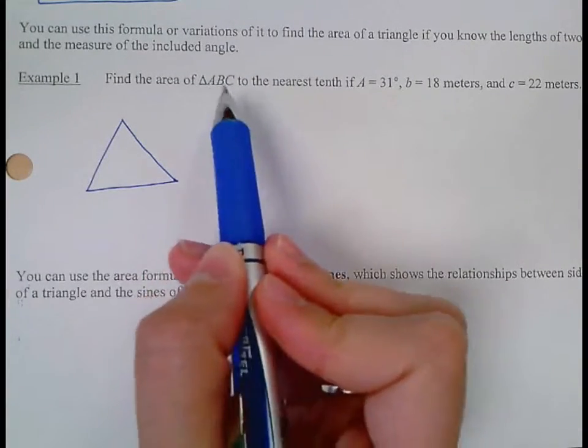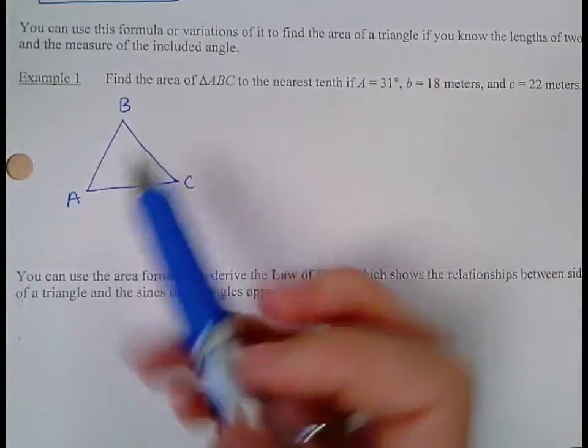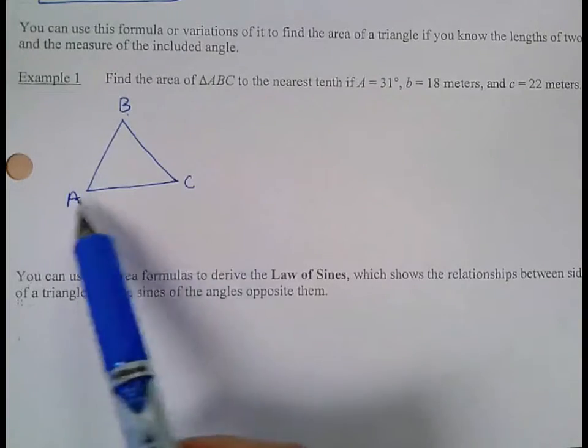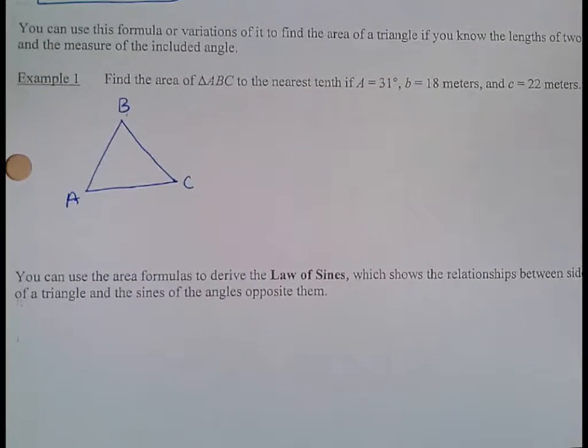If it says triangle ABC, you should label the vertices in the order of the letters you see. You have to think about that more if you have a figure with more than 3 sides.